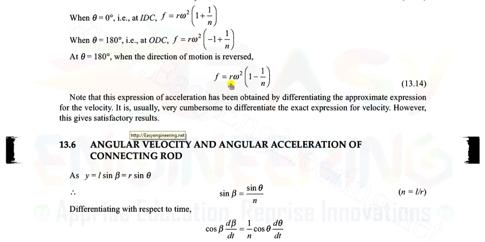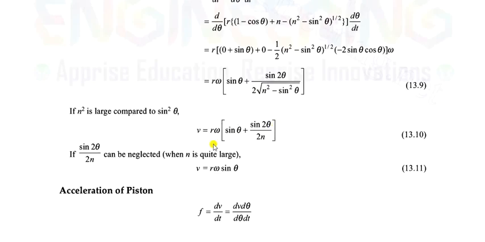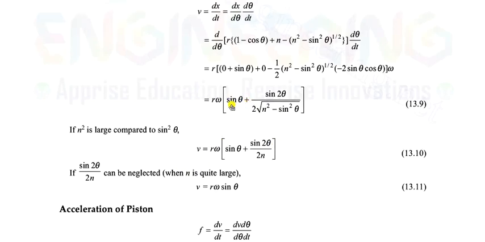So up to here, these are two very important relations. This is acceleration F or a, r omega square into cos theta plus cos 2 theta by n. And this is your velocity relation, r omega into sin theta plus sin 2 theta by 2 under square root n square minus sin square theta, or you can also approximate as this.